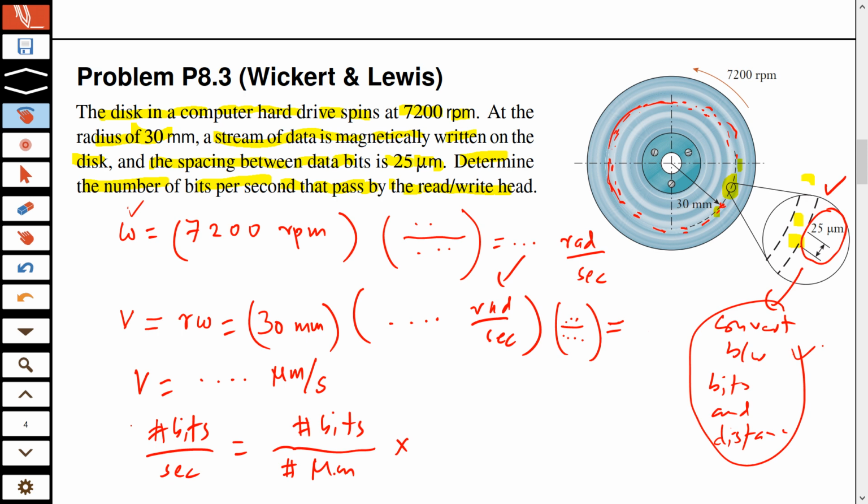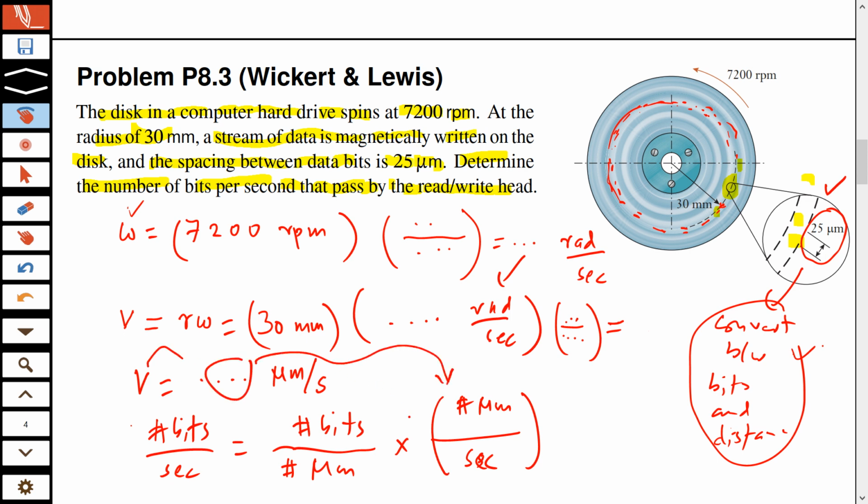Because this is not just a unit, I'm talking about the number of micrometers. So this is a distance. Now this number of micrometers per second is this velocity, so this number will come here, and this number of bits per micrometer, you already know it.